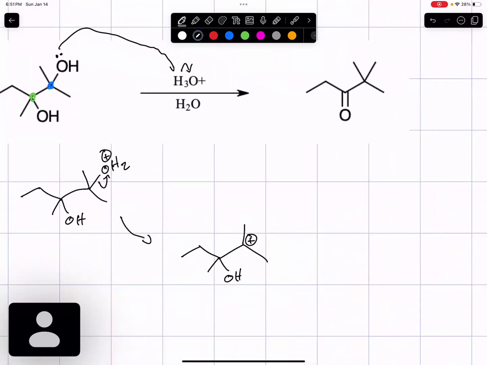Can anybody answer what's better than a tertiary carbocation? A tertiary carbocation with resonance. Okay, and now am I breaking a ring and reforming it to make a larger carbon ring? No, because it's not a ring. So what am I doing?